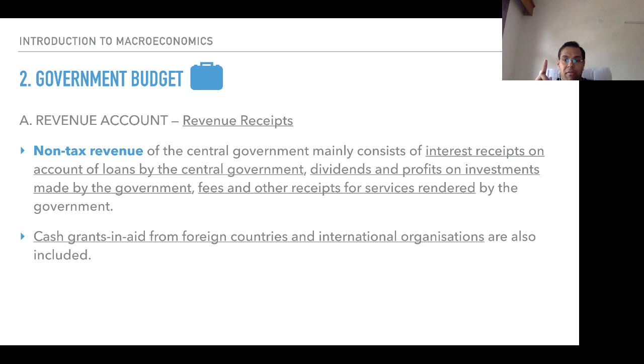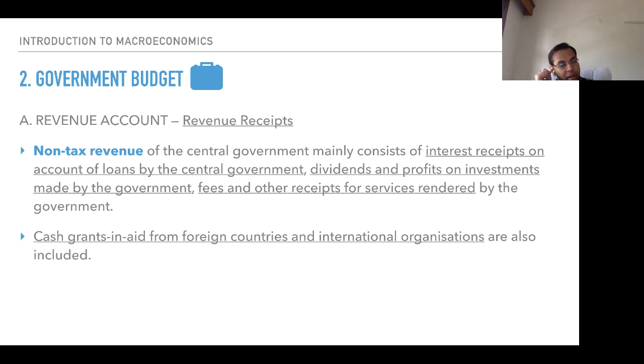Followed by that, the second is dividends and profits on investment made by the government. There are so many PSUs, public sector undertakings. They are government companies.